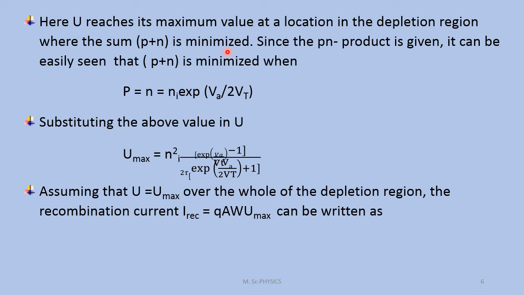Assuming that U is equal to U maximum over the whole depletion region, the recombination current is equal to q A W U maximum, which can be written as I recombination is equal to q A ni W by 2 tau naught times (exp(Va/2Vt) minus 1).